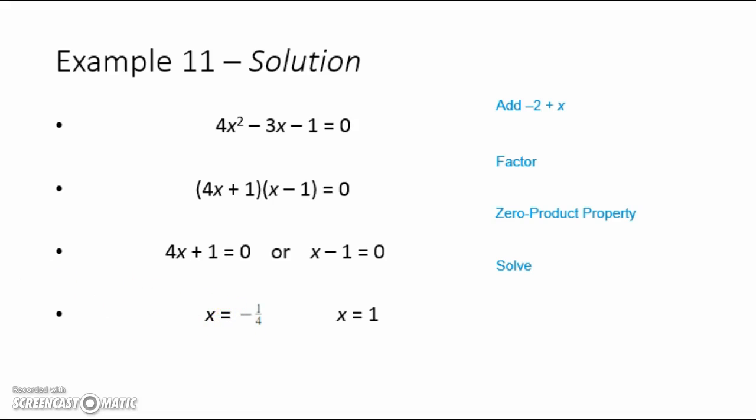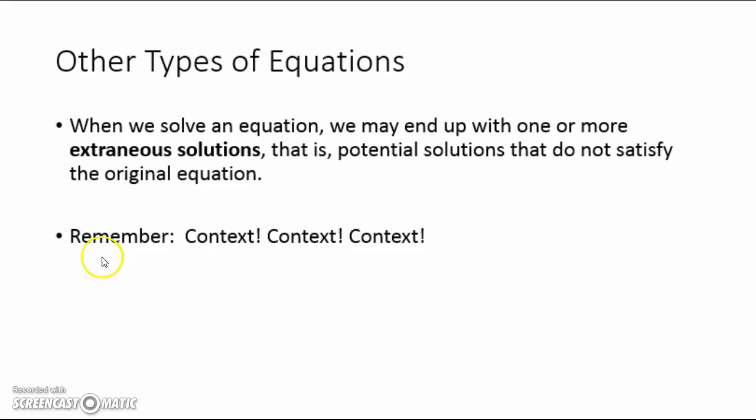But in the context of answering a question concerning wolves in a reserve, I'm never going to have negative 1/4 of a wolf. So although I had a great mathematical result, in the context of this question, that result is meaningless. We call that an extraneous solution. So just because your mathematics might be dead on, please don't forget the context in which you're working.